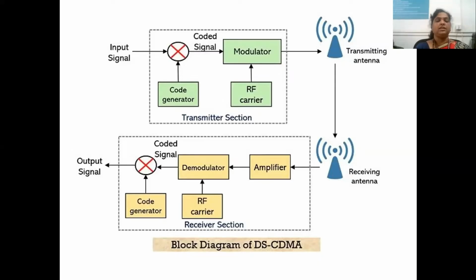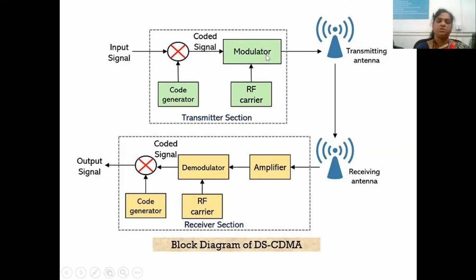This signal is what we call the coded sequence. Now this coded data, instead of the input data, is added with the security code, or PN sequence code, and then modulated using a digital modulation technique.